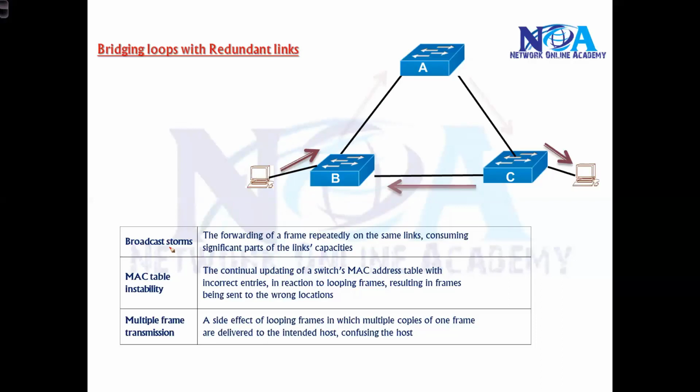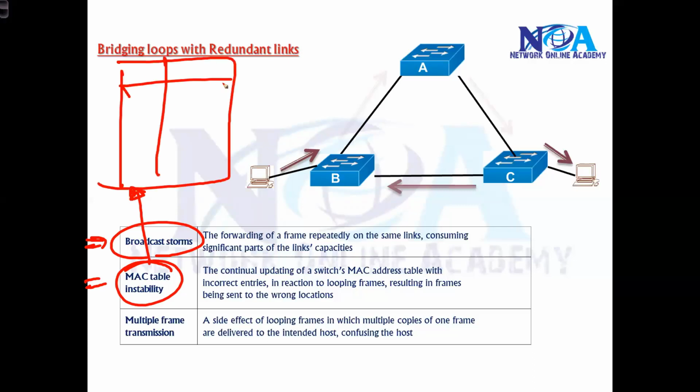Again, there are other possible issues, like something called MAC table instability. Now MAC table instability means these broadcast storms will also create another problem where the MAC table will not be stable. If you take an example, we know the MAC table of the switch. A switch is an intelligent device which maintains which MAC address is connected on which port number.